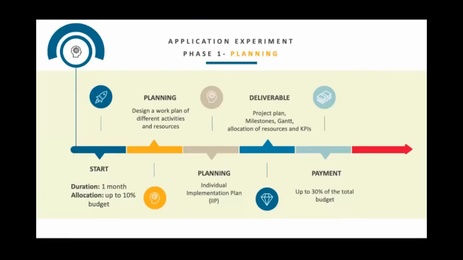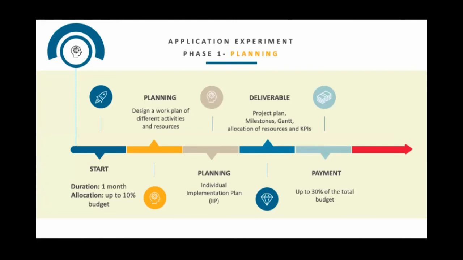So phase 1, planning, what does it mean? The duration of this phase is 1 month. As I said, this is the time when you're going to have the opportunity to improve the design of your work plan and tailor your activities and resources more, especially in case you're applying for our TRINITY solutions.